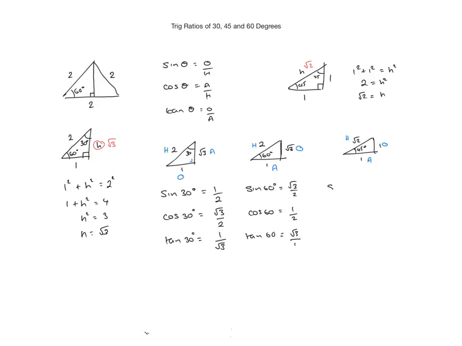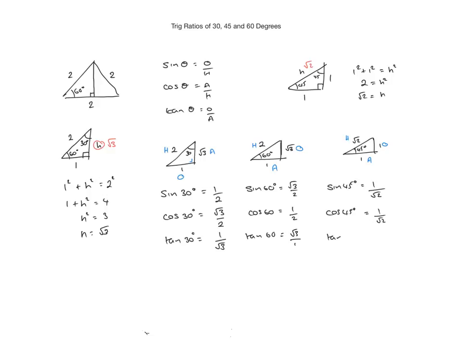So we now have sine of 45 degrees is equal to, well, it's the opposite, which is 1, over the hypotenuse, which is root 2. We also have cos of 45 degrees, which is equal to the adjacent, which is also 1 over root 2.